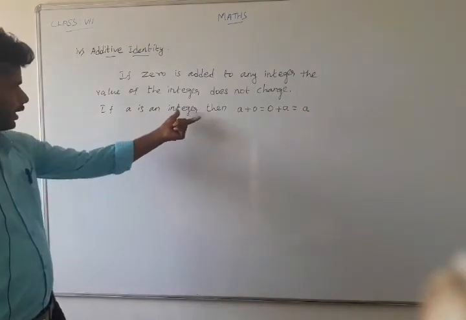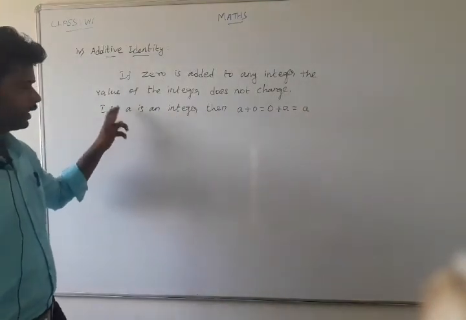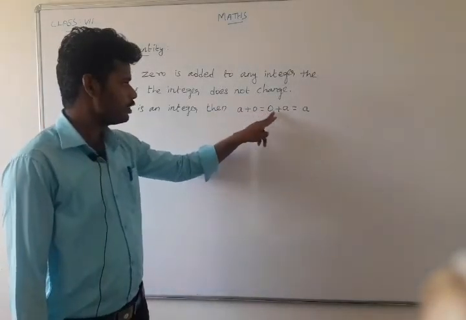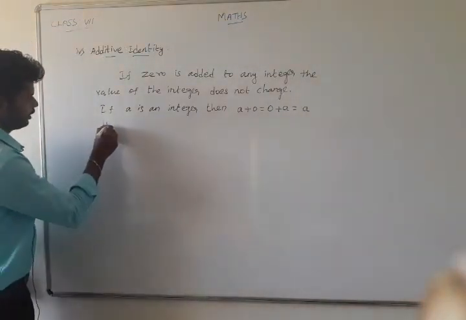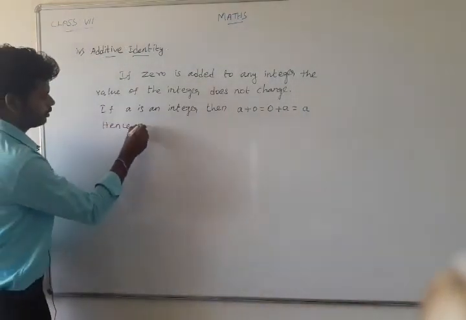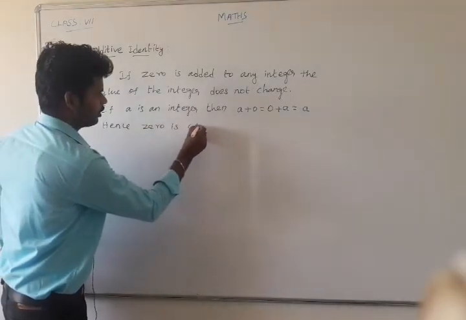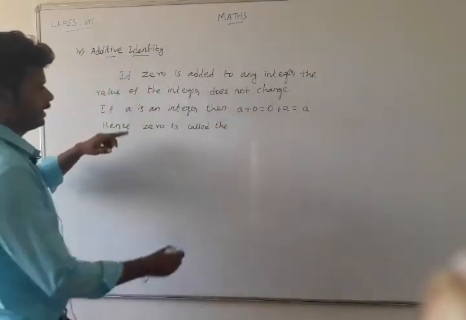If a is an integer, here only one integer is there, that is for one a, any integer you take. A plus 0 equal to 0 plus a equal to a only. Hence 0 is called the additive identity.